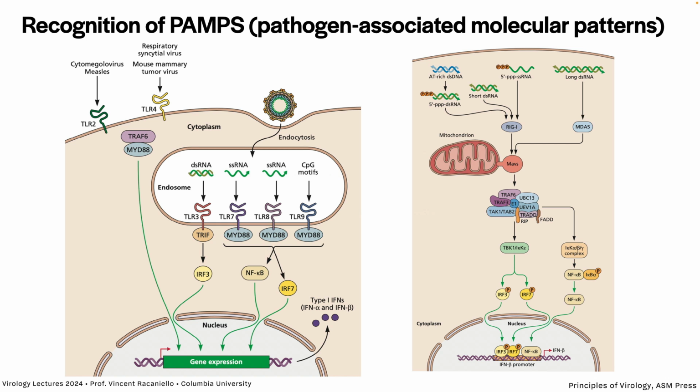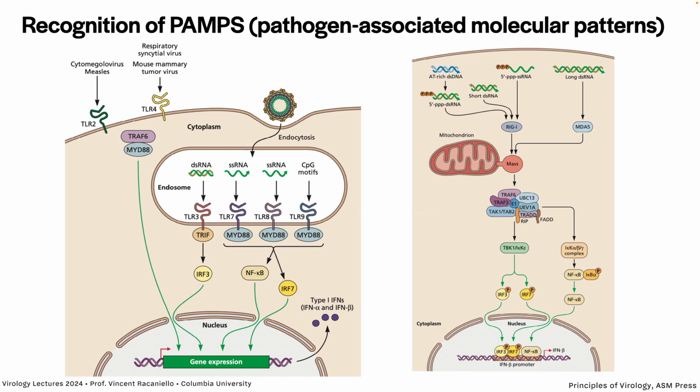So here on the left, this endosomal sensing system leads to the entry of transcription proteins into the nucleus, and they turn on the expression of interferons, which we'll talk about in a moment. The same with these cytoplasmic sensors, which are called RIG-I and MDA5.